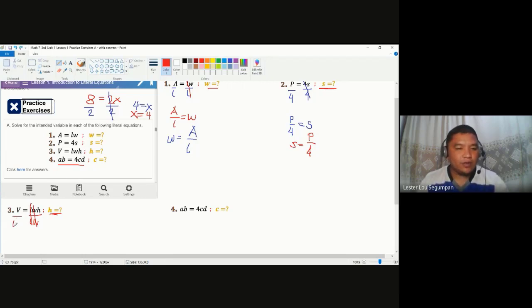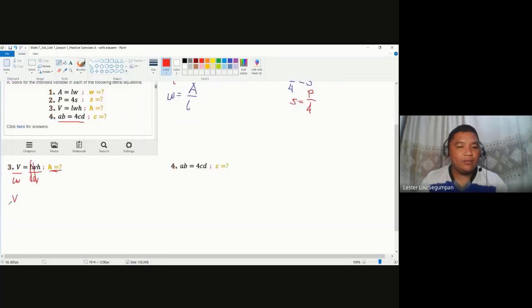We'll try our best to make sure that small letters shall retain as small letters. And after that, you will have volume over length times width is equal to height. And by symmetric property, you can say H, or the height, is equal to volume over the length and the width. So this is a derivation for literal equation number 3.